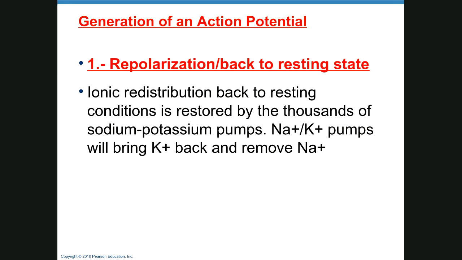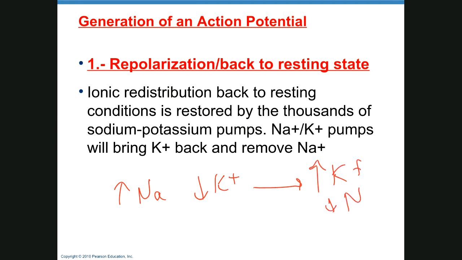The cell, however, has remained with high sodium and low potassium due to the depolarization stage. So the cell needs to go back to its resting state, which is high potassium, low sodium. It does that by using the sodium-potassium pump.